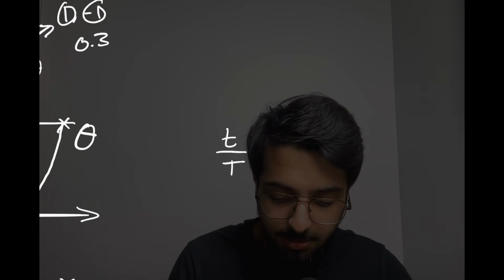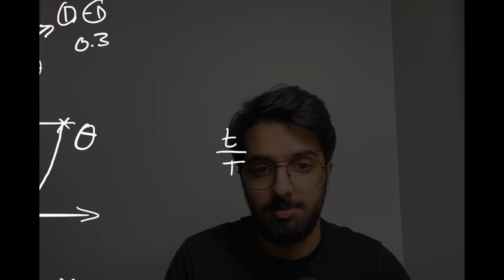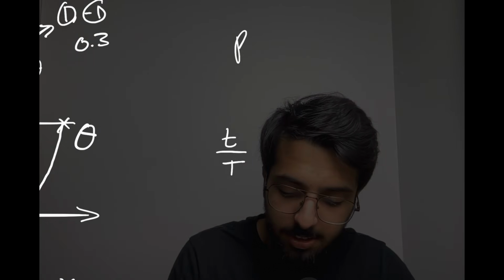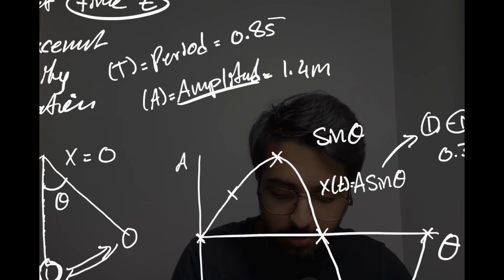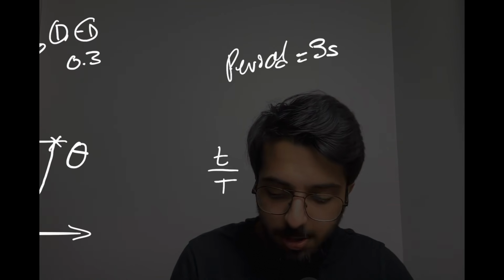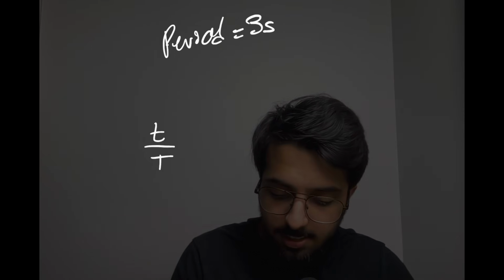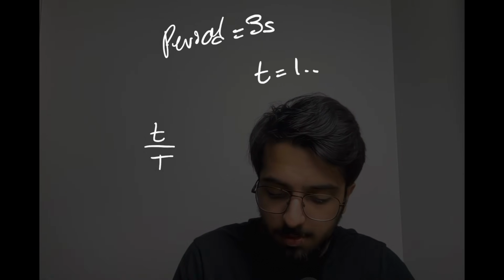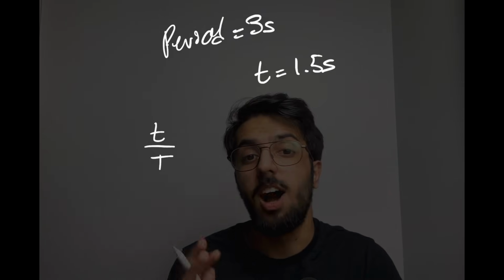Now the reason why this fraction works, I'll explain using numbers instead of variables. Let's say our period is now 3 seconds, okay? We're now using a period of 3 seconds. Let's say we want to find where the pendulum is at t equal to 1.5 seconds. Now we know that 1.5 is half of 3.